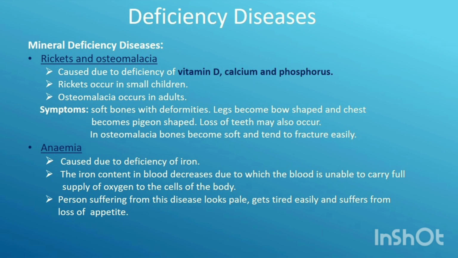Person suffering from this disease looks pale, gets tired easily, and suffers from loss of appetite. Preventive measures for anemia are consume iron-rich food, for example, green leafy vegetables, egg, meat, wheat sprouts, turnip, etc.